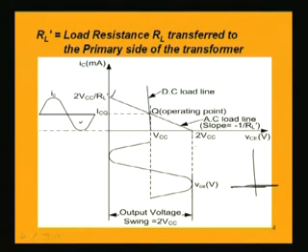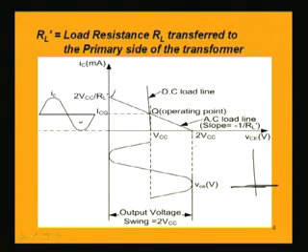So, the maximum value of the collector current, if we consider the signal, is 2 times VCC by RL dash, where RL dash is the resistance in the primary winding. This 2 times VCC by RL dash is the peak value of the collector current, and it equals this portion.